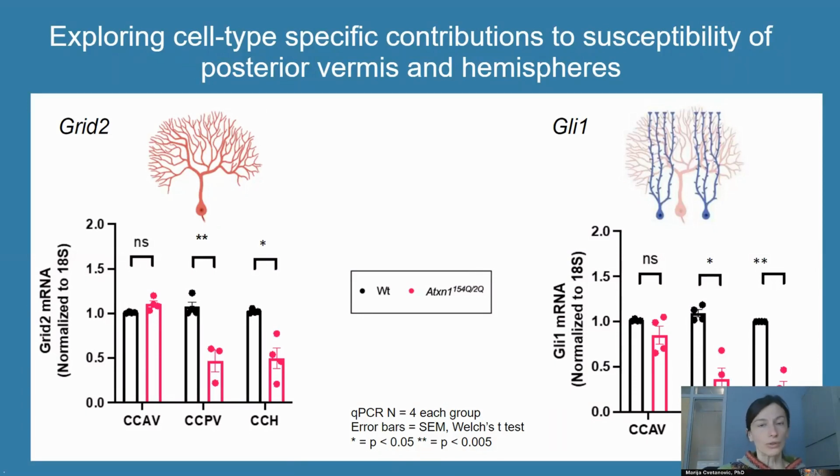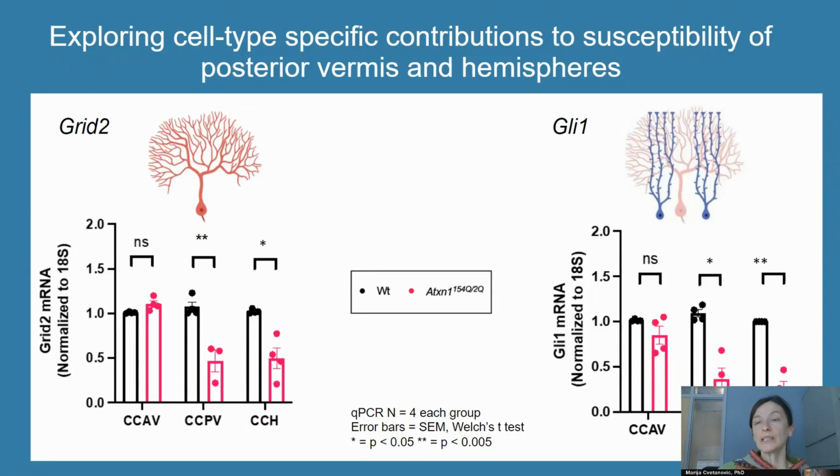For Purkinje neurons, we know that GRID2, which is a glutamate receptor, is significantly affected only in the posterior region. Now, GRID2 mutations actually lead to ataxia in mice. In fact, this is the cause of spinocerebellar ataxia 18. So what we have been able to reproduce here is that while it's not at all affected in the anterior vermis, it is significantly downregulated in the posterior vermis and the hemispheres.